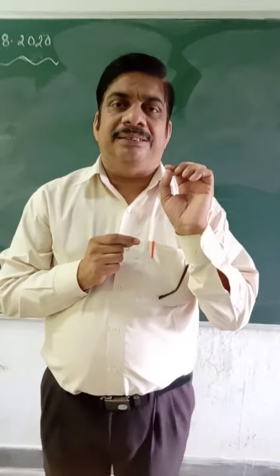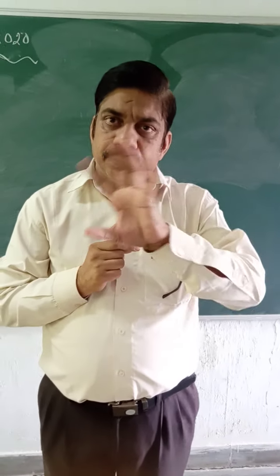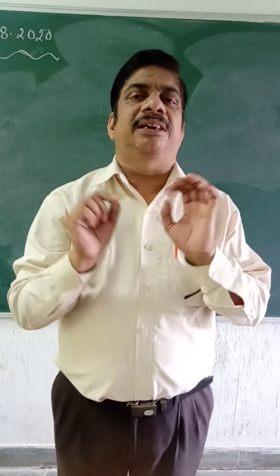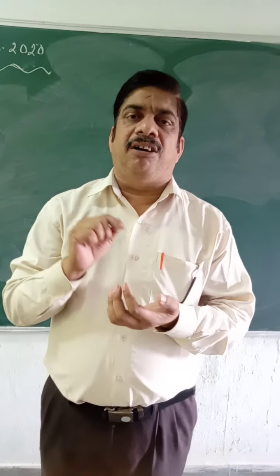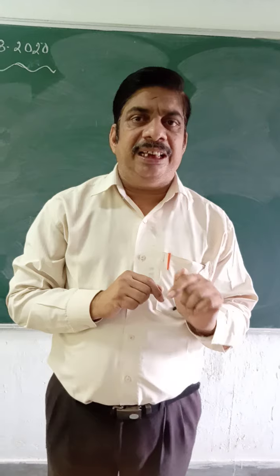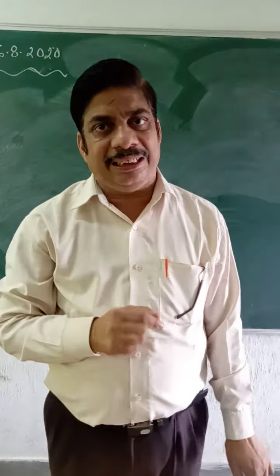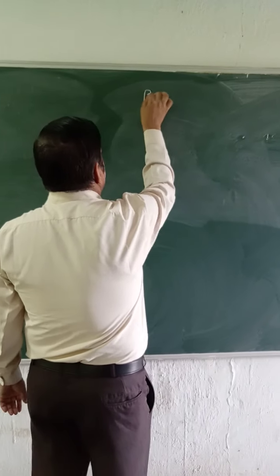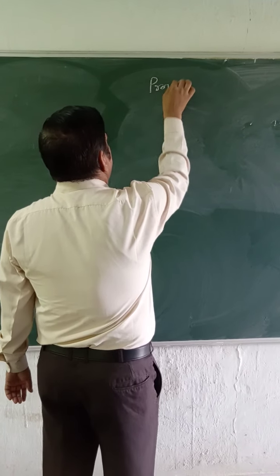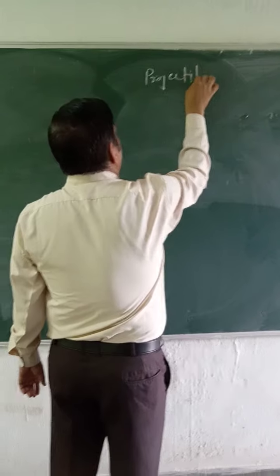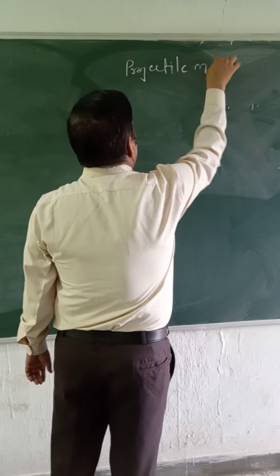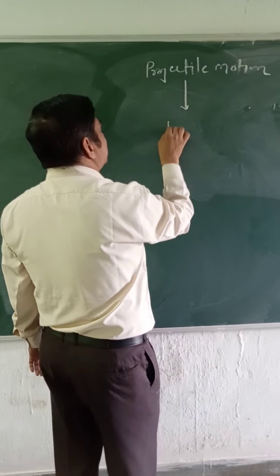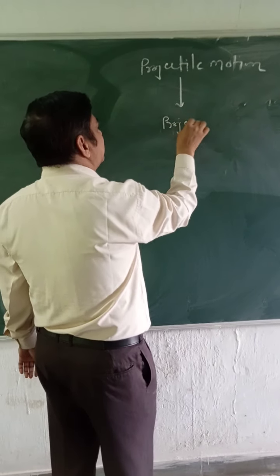It means the javelin or shot put moves in a plane, and this particular type of motion, where the object moves vertically as well as horizontally, is known as projectile motion. And the object is known as a projectile.